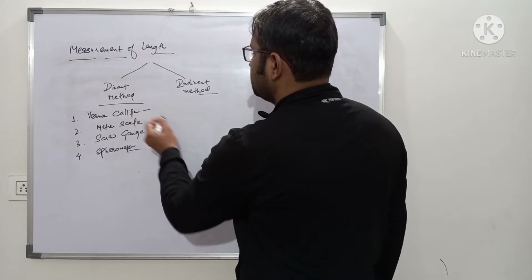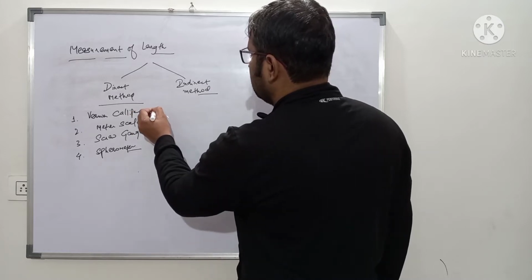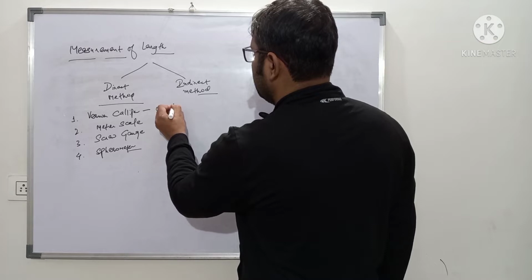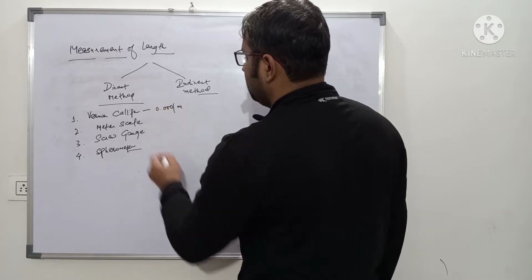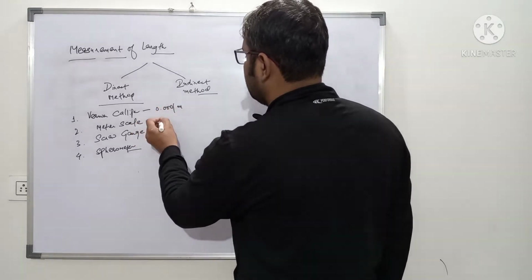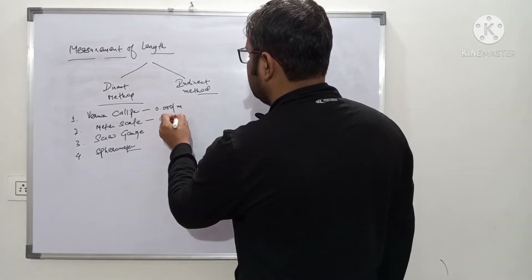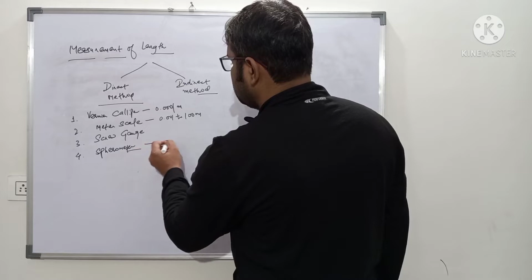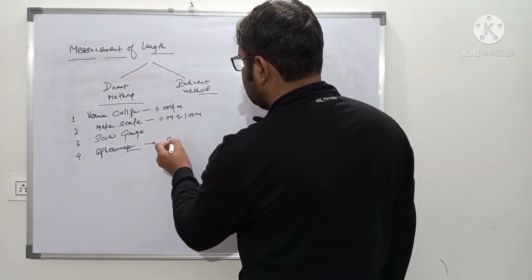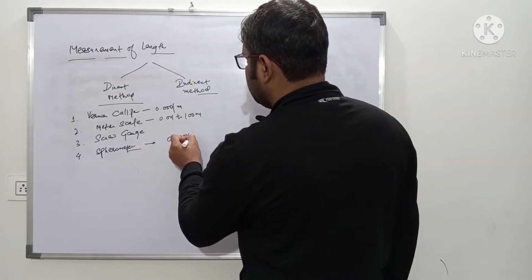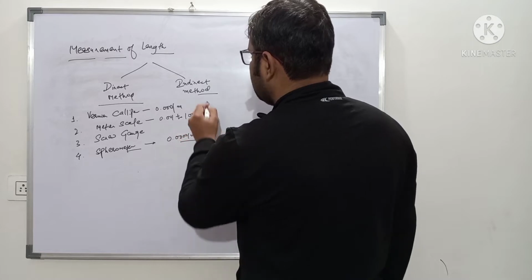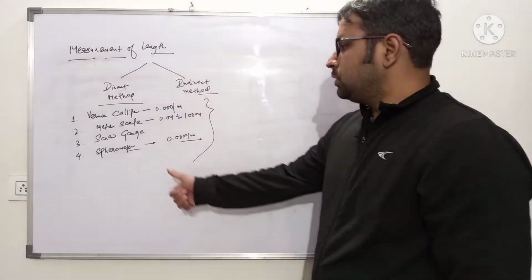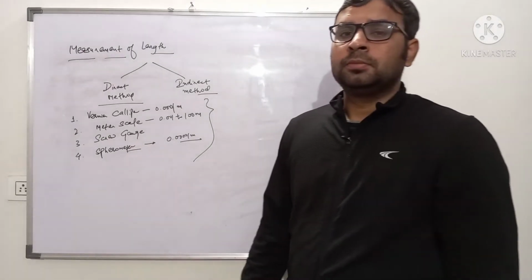Vernier caliper measures length of range 0.0001 meter. Meter scale is used to measure length from 0.001 to 100 meter. Spherometer is also used to measure very lower length scale up to 0.001 meter. So these are the lengths which can be measured with the usage of these instruments.